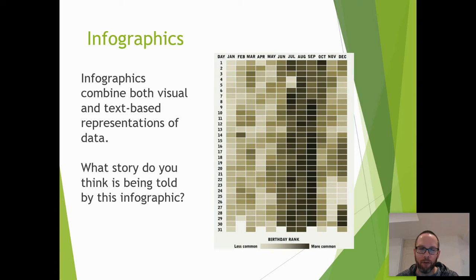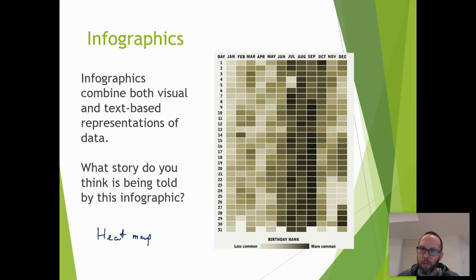But this type of infographic is called a heat map. Instead of using red and blue, they've used really dark squares for the most common birthday, and really light squares for the less common. I know it's hard to tell, but every single one of these squares is a different color.